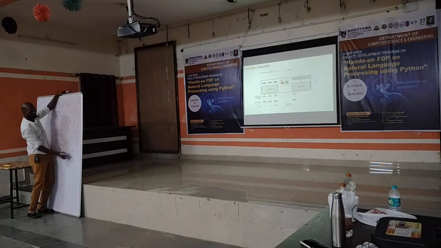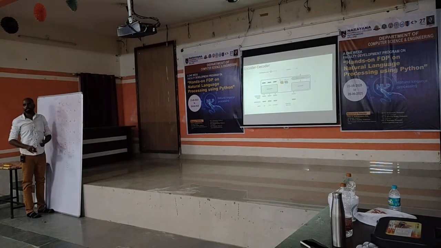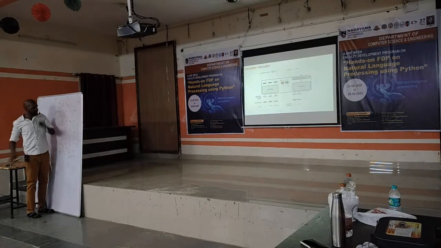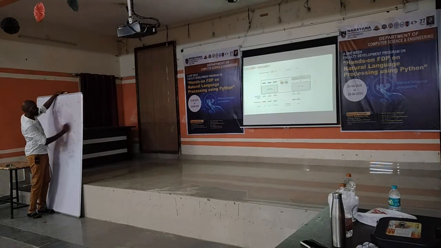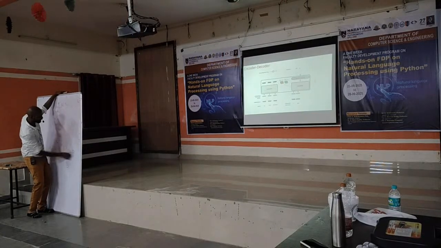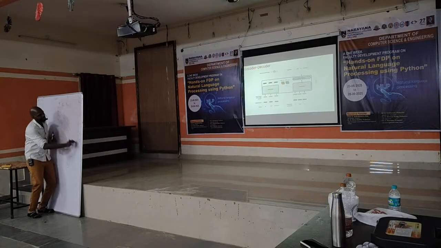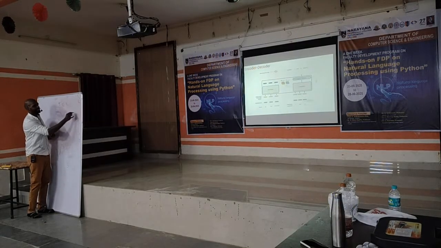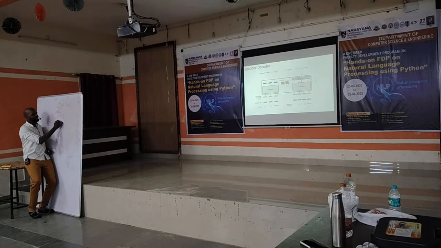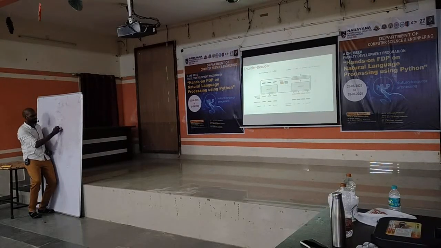All this should be zeros. That means when you are computing these key query values, you get some values. You take the upper diagonal and keep the values as they are. Take the lower diagonal and put them to minus infinity.